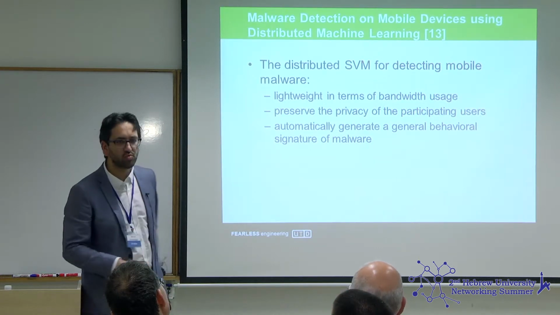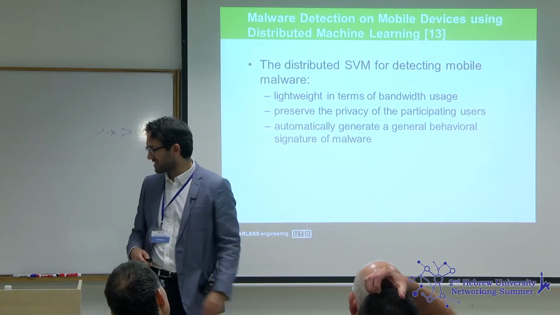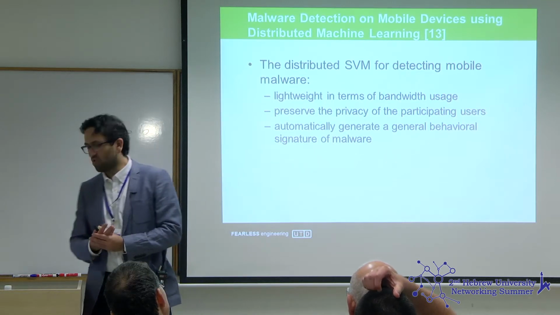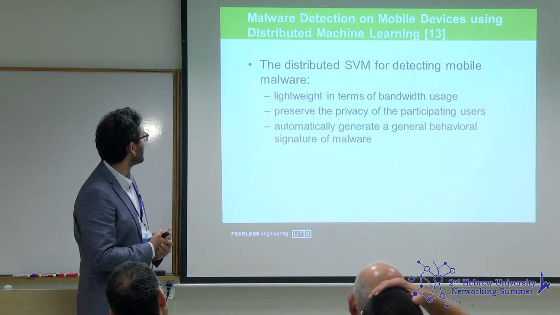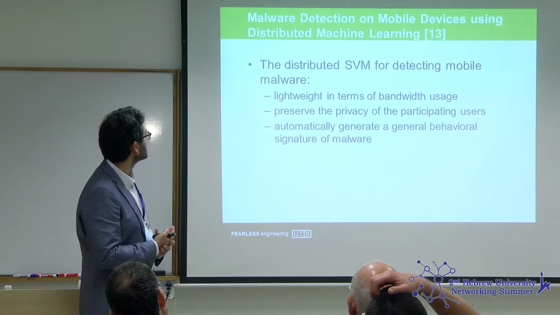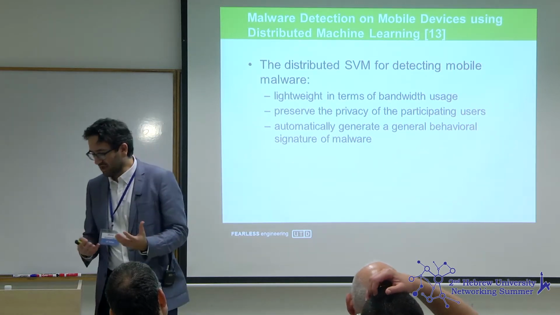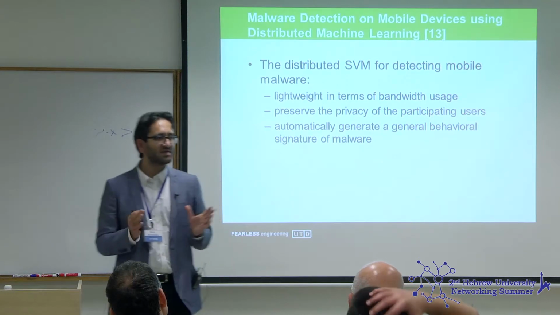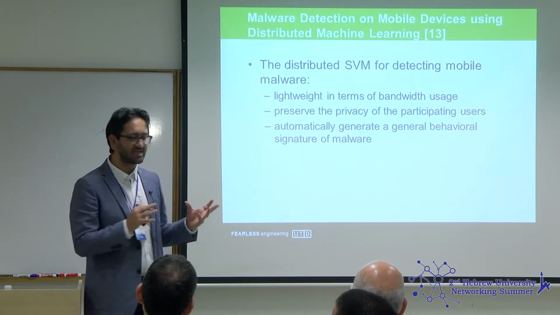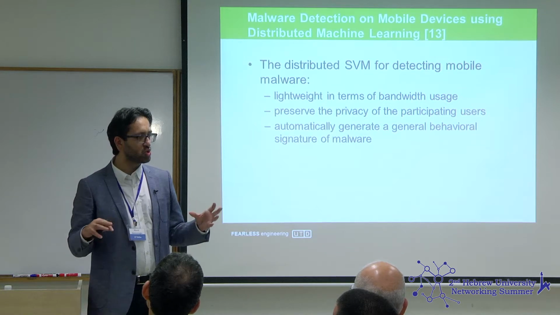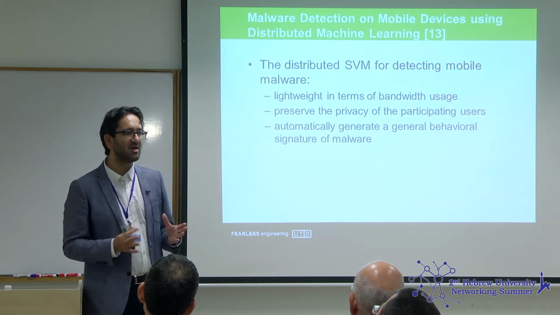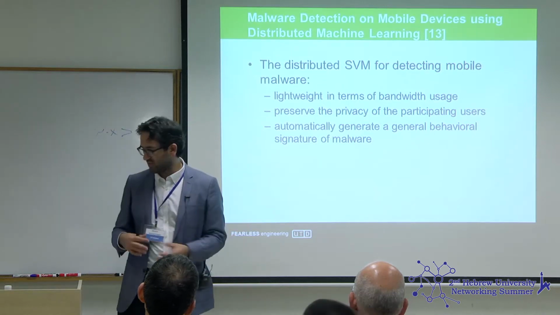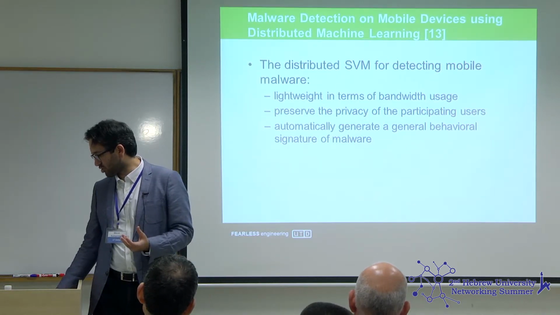there are also distributed machine learning frameworks applied for malware detection and so on. They try to look into using machine learning in a distributed setting. Until this point, all of the examples were centralized, and I just chose this as an example of that. Maybe you don't need to collect all the data into one place to build your models. Maybe you can do distributed machine learning.